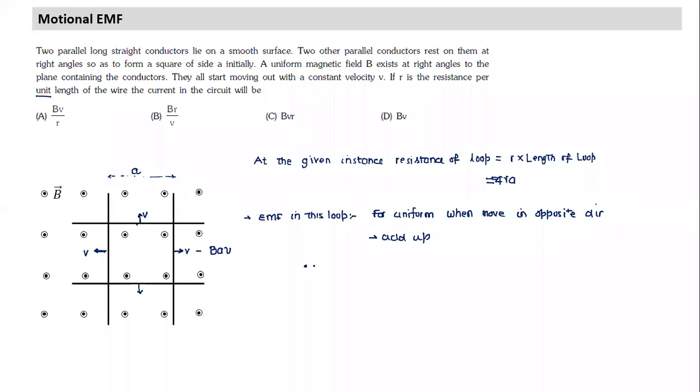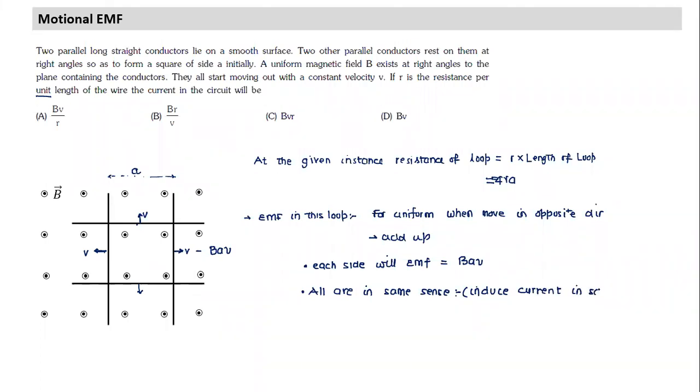So that's one way of solving; you can solve in multiple ways. Each side will have EMF equal to BAV. All are in the same sense. You can mark the battery and it will add up, but without marking the battery also, all are in the same sense. Same sense means all are trying to induce current in the same direction.